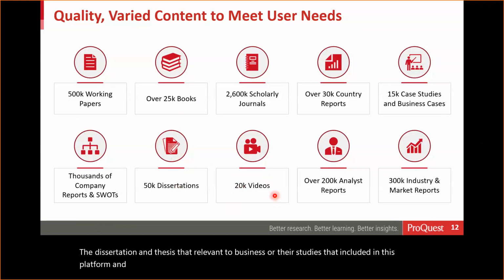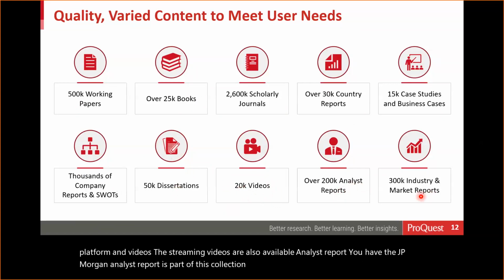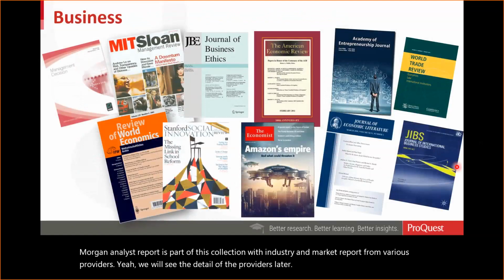The streaming videos are also available. Analyst reports, you have the JP Morgan analyst report as part of this collection, with industry and market reports from various providers. We will see the detail of the providers later.